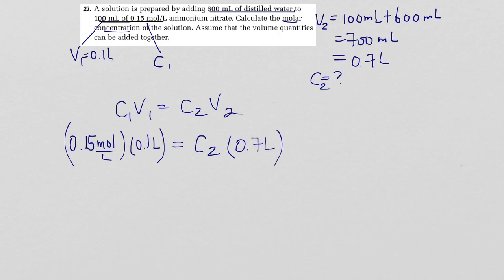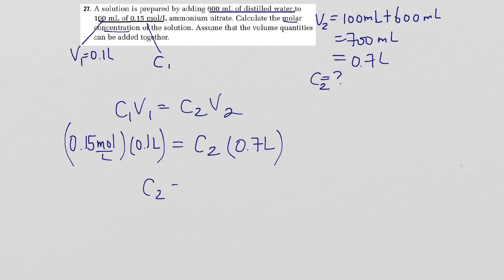So if you think about this, 0.1 versus 0.7, this is 7 times as much as that. So basically you're allowing your solute to spread out 7 times more. So if you allow your solute to spread out 7 times more, that means your concentration should go down by 7 times. That's one way to think of it.